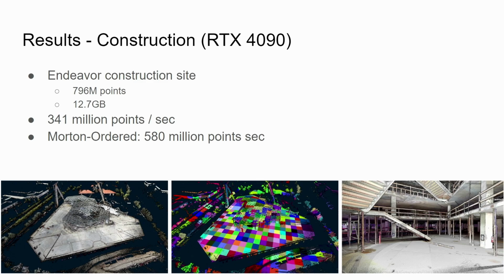This original ordering kind of means that the points are inserted in the octree more or less all over the place because of the way they were scanned with the terrestrial laser scanner. We wanted to check what happens if we have a better locality by ordering them by Morton order. And if you have a good locality, then the throughput rises to 580 million points per second.